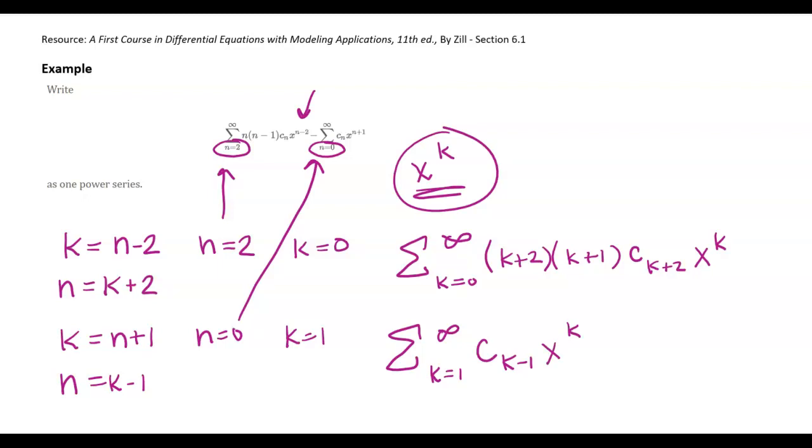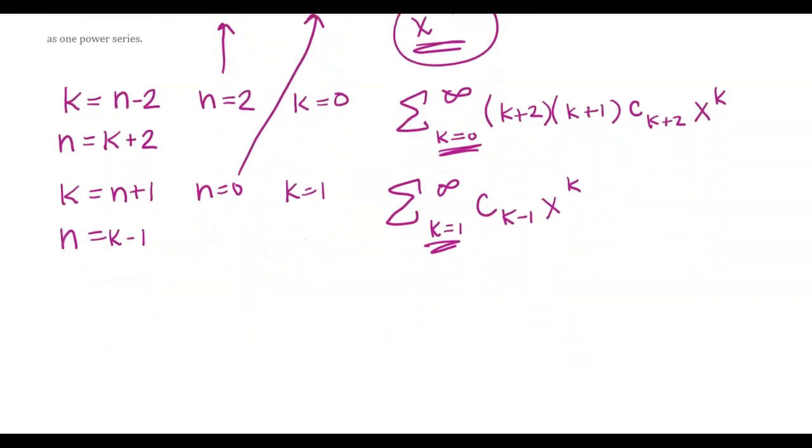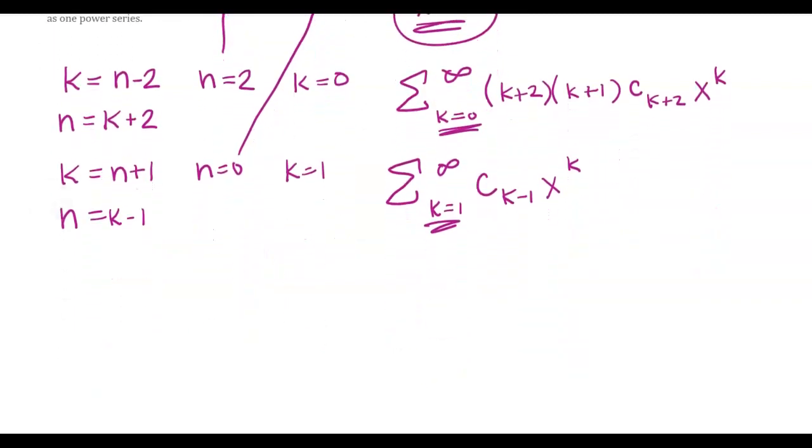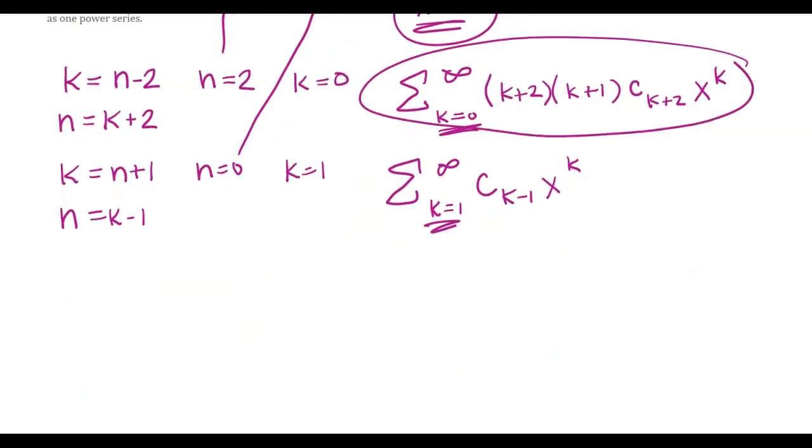The second goal is to make sure that these then start at the same index value. So I'm going to plug in 0 into this first one to get that term. So I'm going to get 2 times 1 C2 x to the 0, plus I now have this series starting at K equals 1.